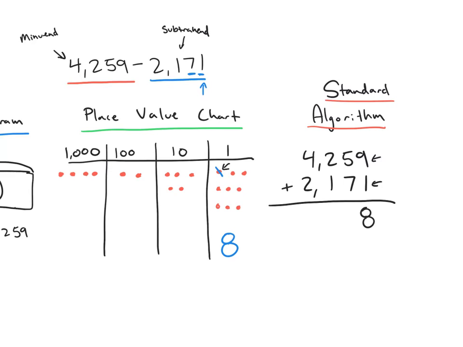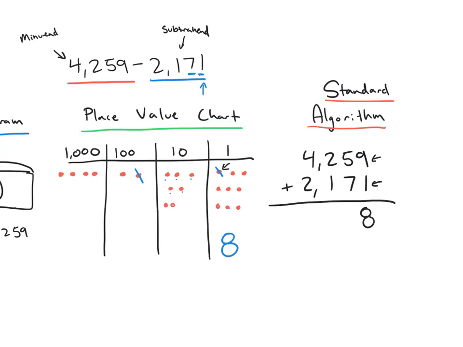Now going back to our place value chart, it looks like we have a 7 in the tens place here, so I need to cross out 7. But when I look at my tens place, I only see that there are 5 tens. So this means I need to do some decomposing, or if you're familiar with our puzzle packing unit, some unpacking of the next biggest place value. I am going to exchange, decompose, or unpack one of these hundreds, and inside one of the hundreds is actually 10 tens.